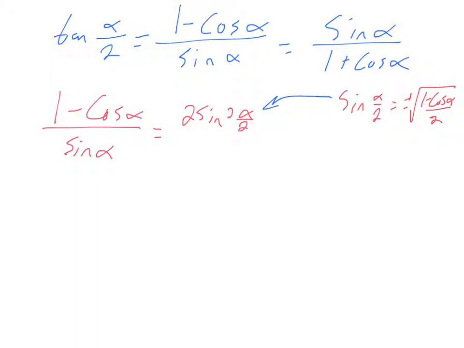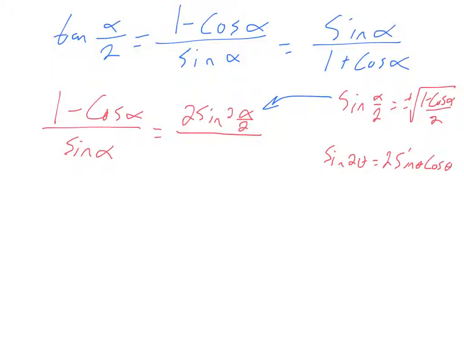On the bottom, sine alpha, I'm going to use my double angle formula. We remember sine of 2 theta is equal to 2 sine theta cosine theta.